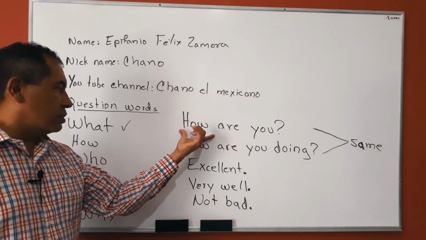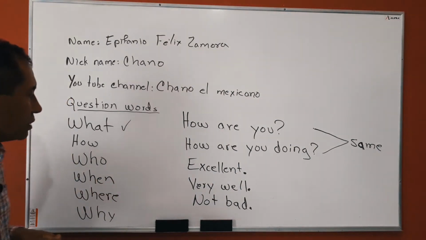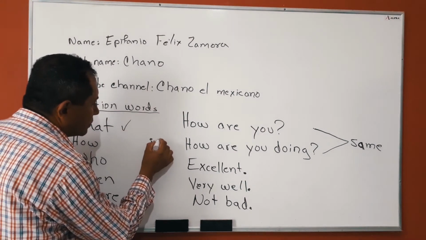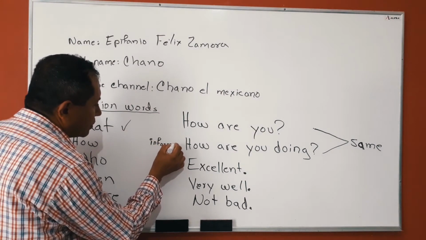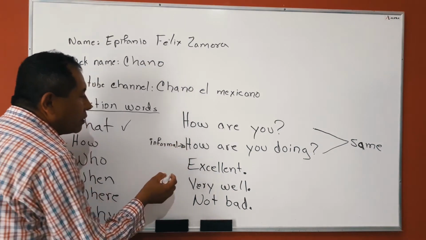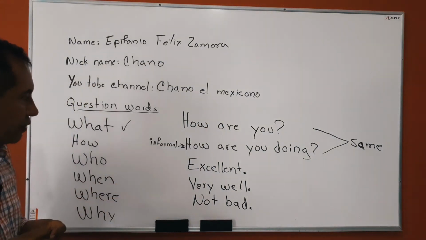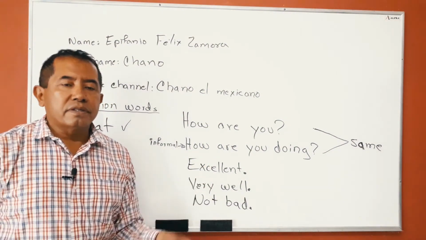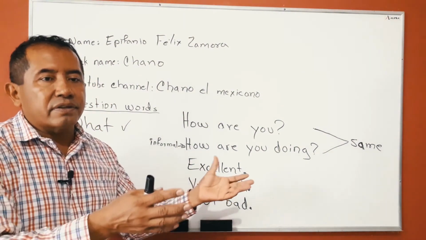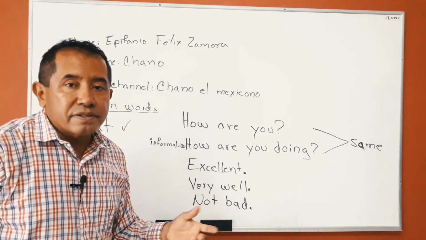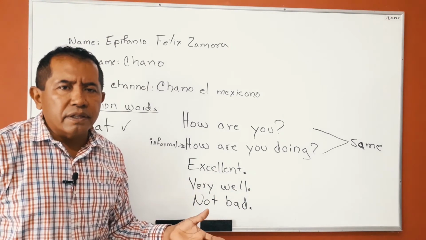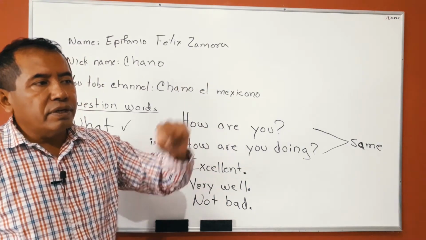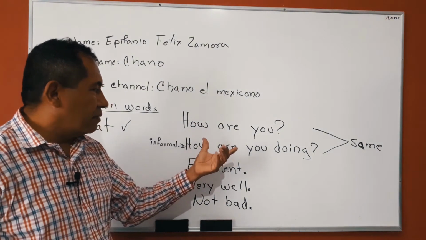When are you going to use this one and this one? Well, this one is informal. Informal for friends, for family. So when you arrive and the guys that are there are your friends or part of your family, relatives, you say, hi, how are you doing, guys? Right?